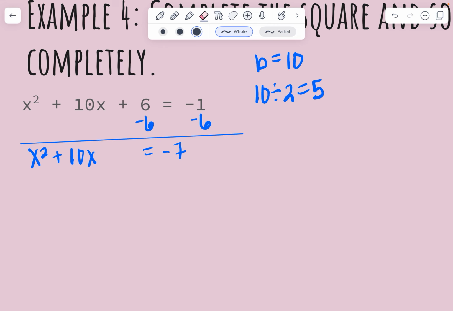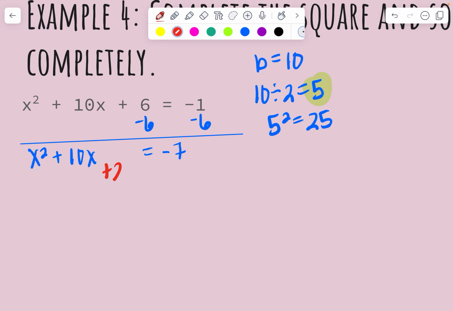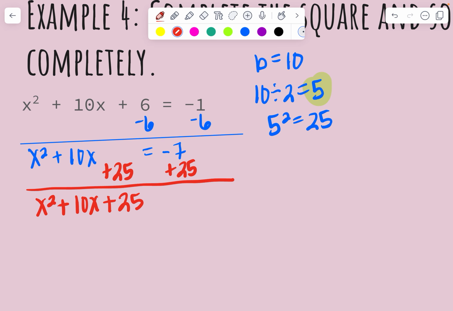That's our magic number. 5 squared is 25. So I'm going to add 25 to both sides here. And I get x squared plus 10x plus 25 equals 18.